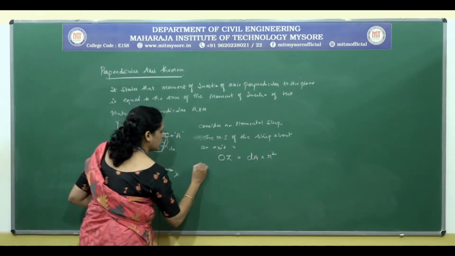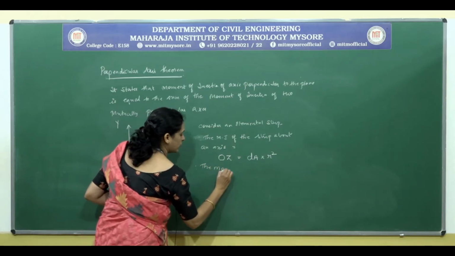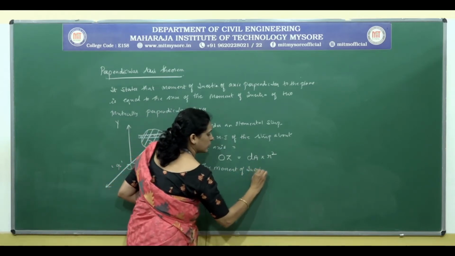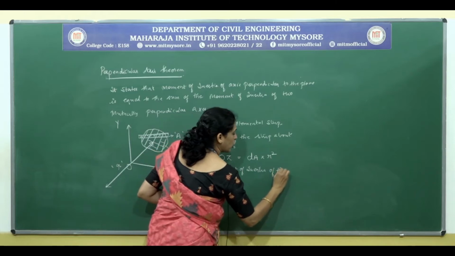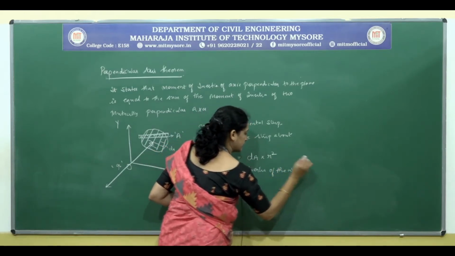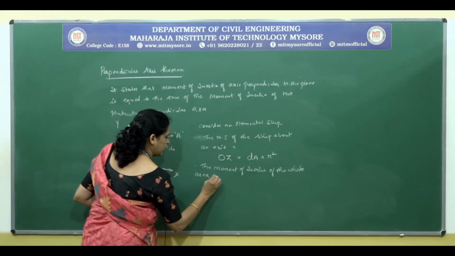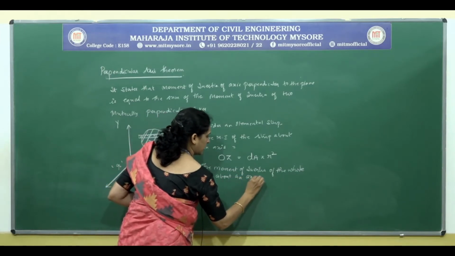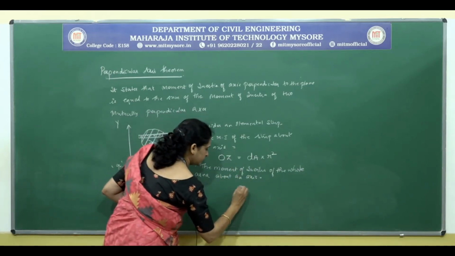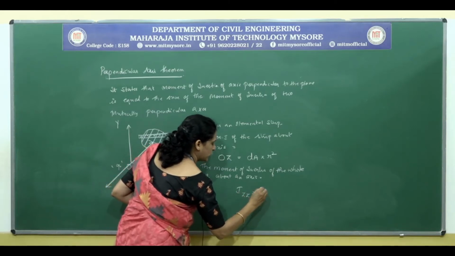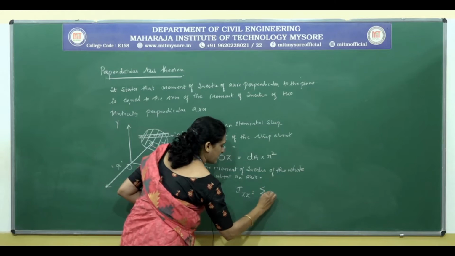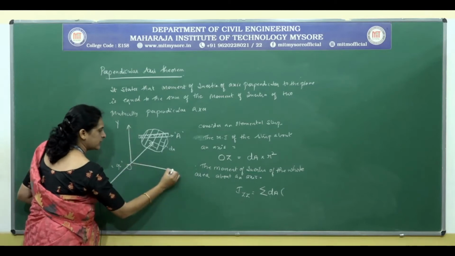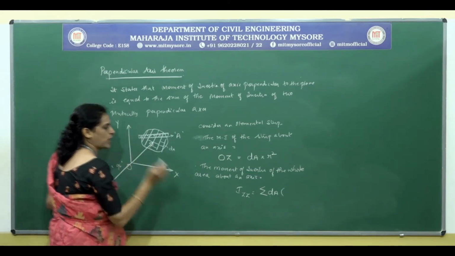So, now the moment of inertia of the whole area about an axis is given by Izz is equal to summation of dA into r square. What is r square here? It is x square plus y square.